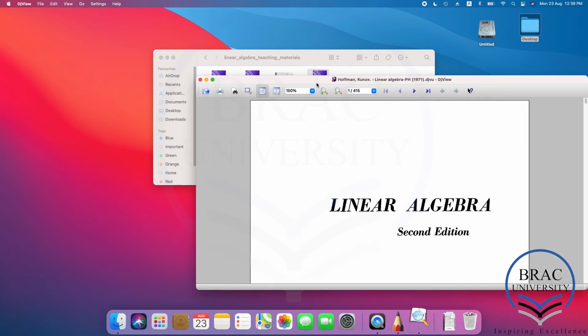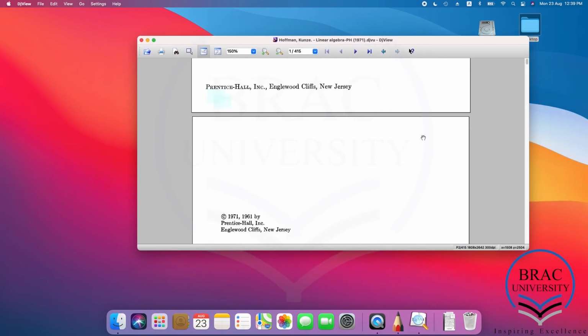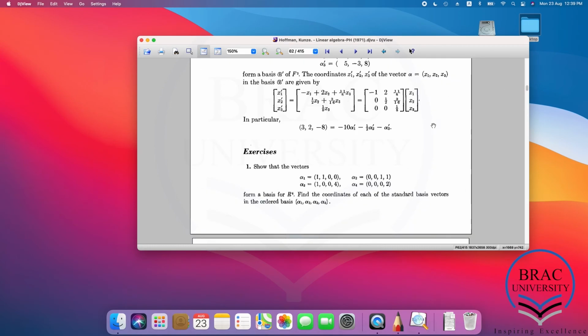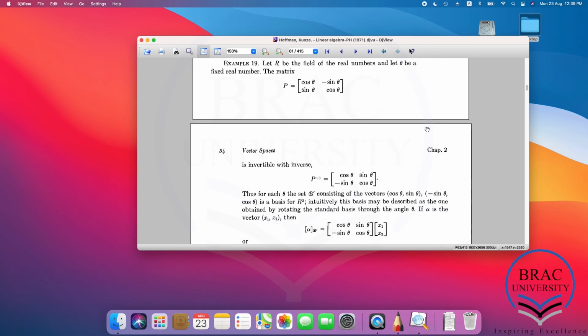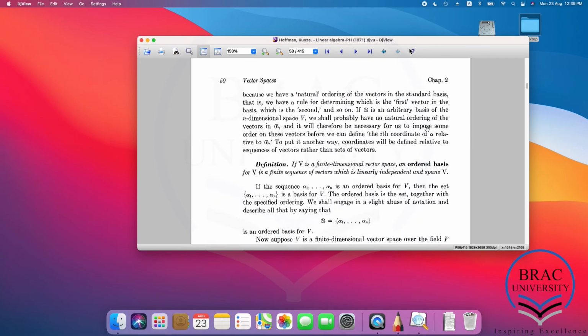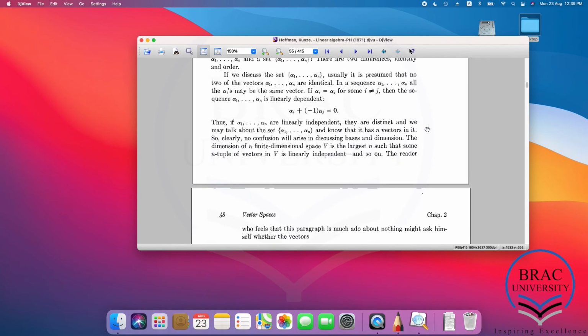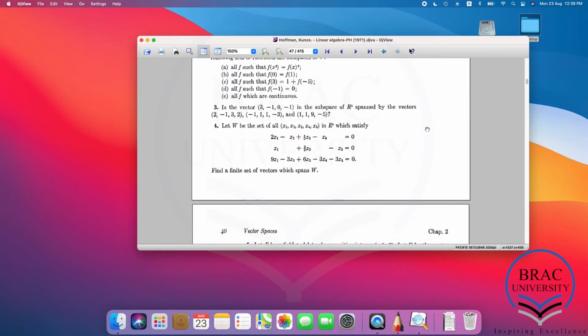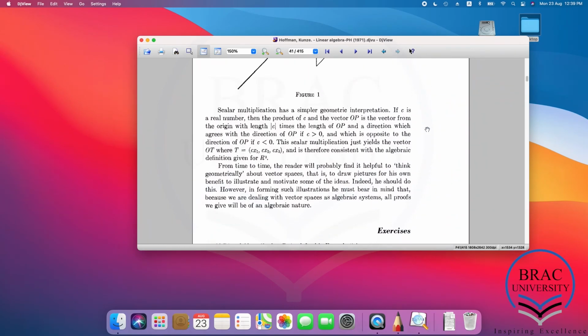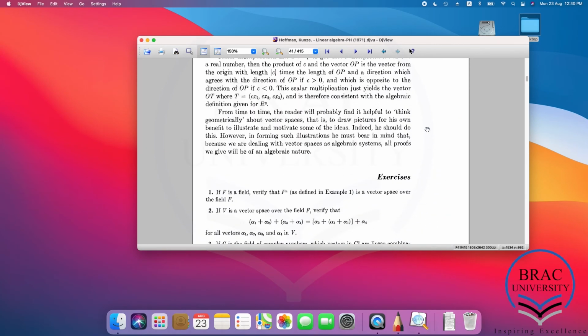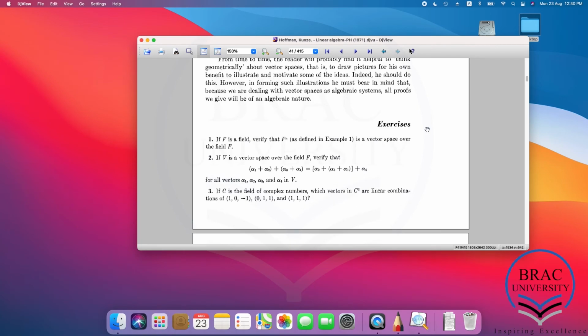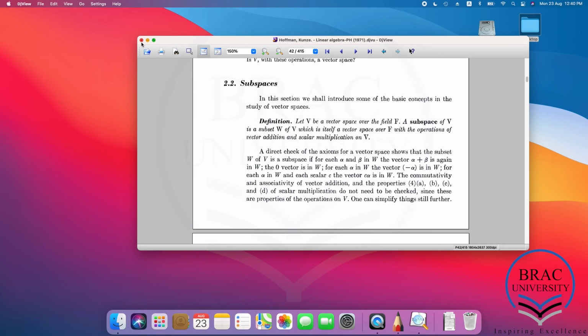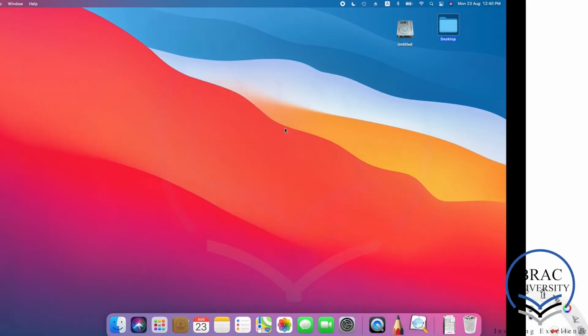This is problem number 3, page number 33. Okay, 1, 0, minus 1, 0, 1, 1, and 1, 1, 1. Good. Okay, let me get back to where we were.